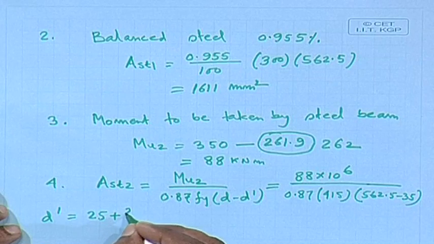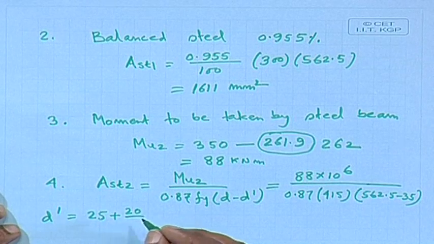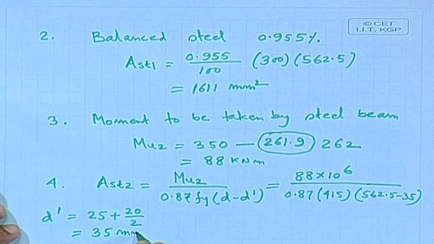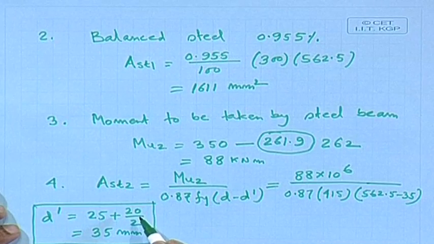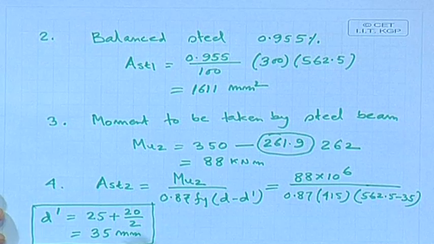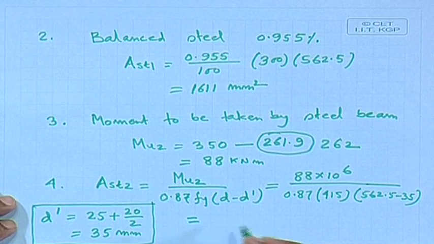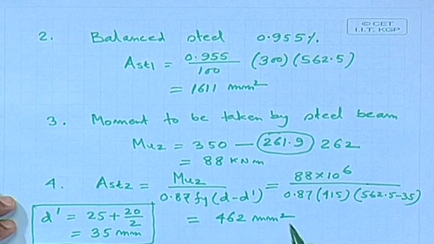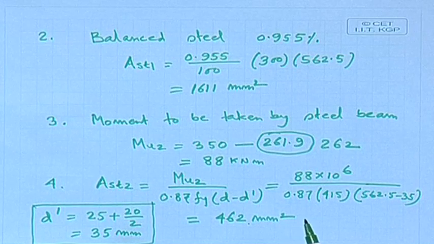Let us say again we shall provide 20 millimeter dia bar at the top, which comes as 35 millimeter. We are assuming 20 millimeter dia bar at the top and 25 millimeter dia bar at the bottom. Which comes as 462 square millimeter. So, if we compute, then we shall get 462 square millimeter.